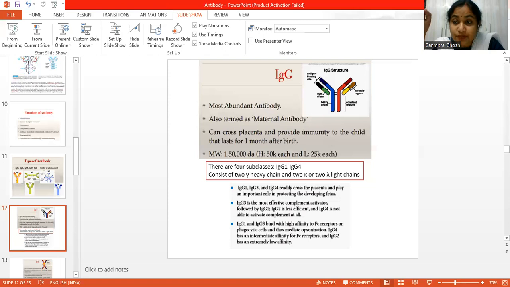Okay. And this particular maternal antibody, it can be against polio, it can be against diphtheria, it can be against any other form of disease, but their nature is that they are IgG in nature.